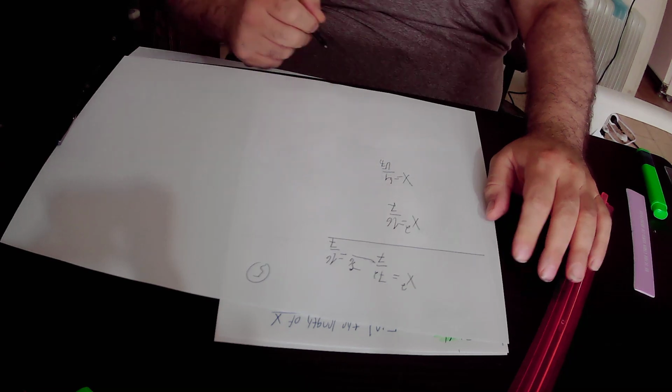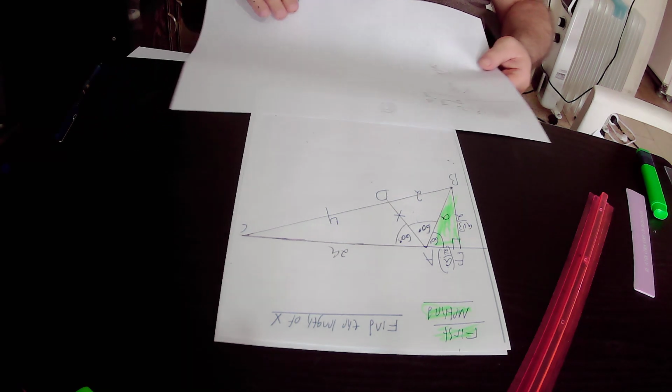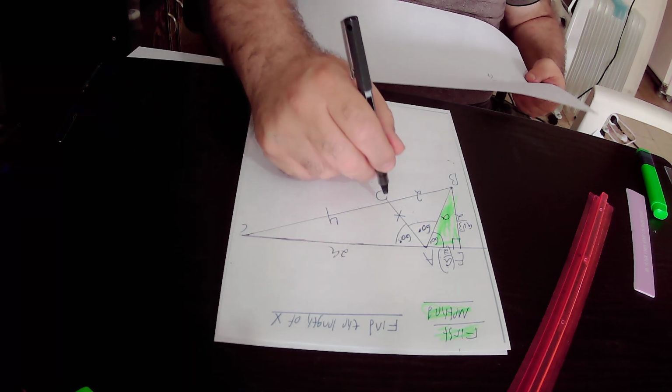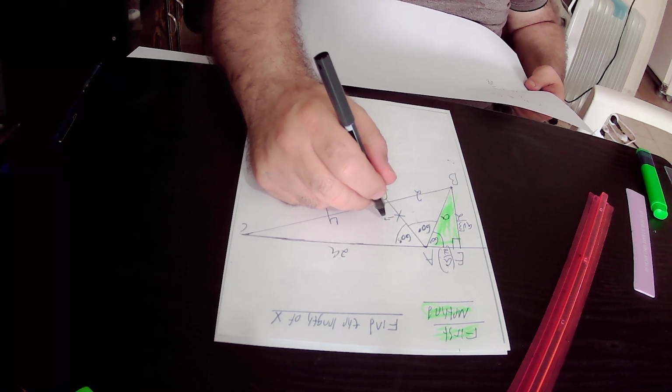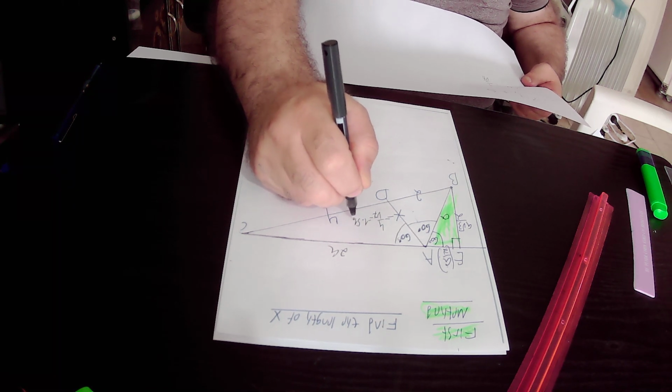So the answer to the question is that x, which is equal to AD, is equal to either 4 over square root of 7 units, or in terms of numbers, 1.51 units.